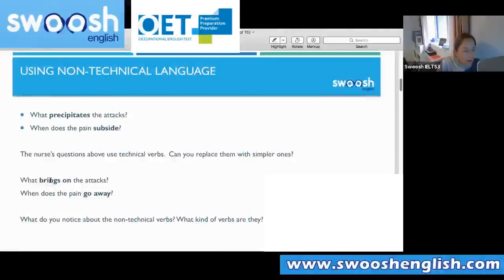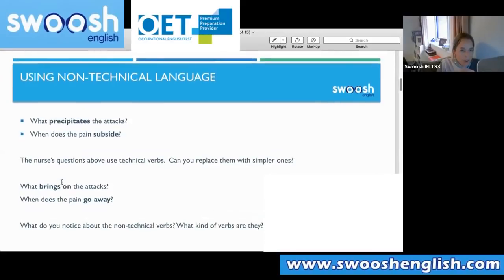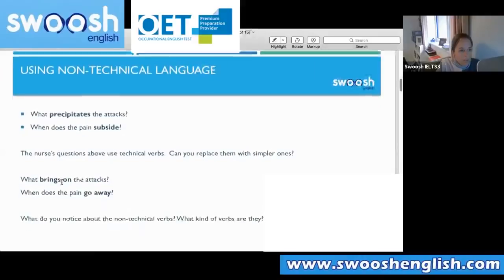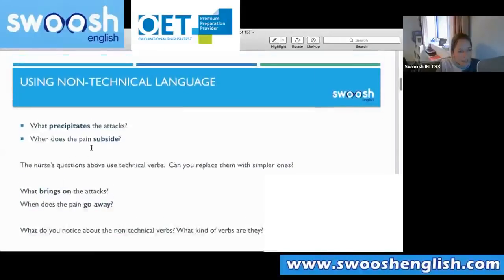So to bring on and to go away, they have two parts to them. We use phrasal verbs in speaking quite a lot, all the time, yeah? And they are much more informal than these longer verbs. So shorter verbs with an extra preposition we prefer in speaking. And to be non-technical, try to use phrasal verbs if possible, yeah? And let me say, it's not that native speakers don't understand these words.